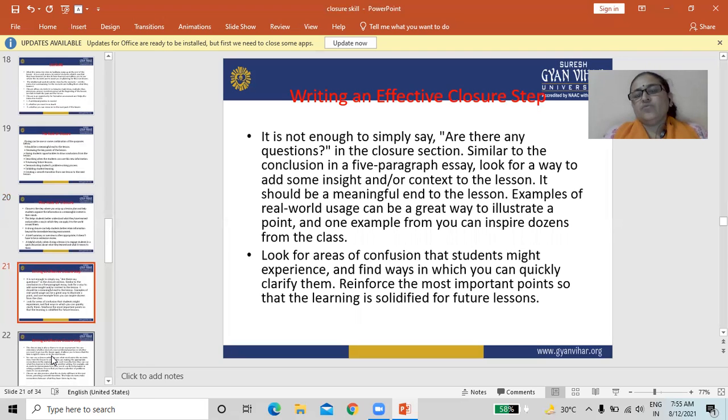Writing an effective closure step. It is not enough to simply say, are there any questions?